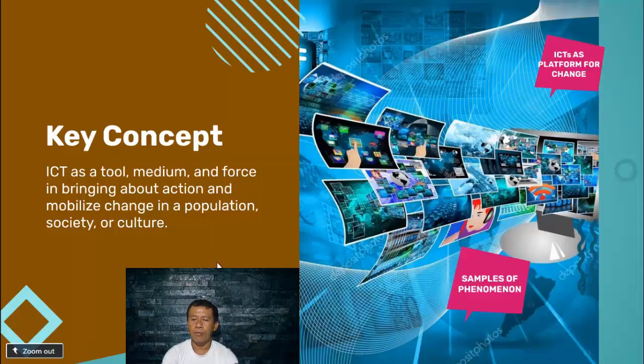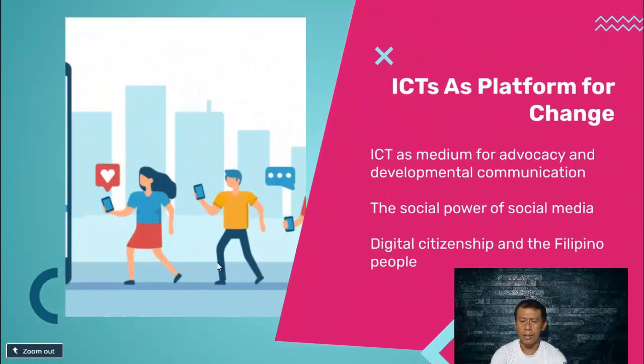For ICTs as a platform for change, we will study ICT as a medium for advocacy and developmental communication, the social power of social media, and the digital citizenship of the Filipino people.